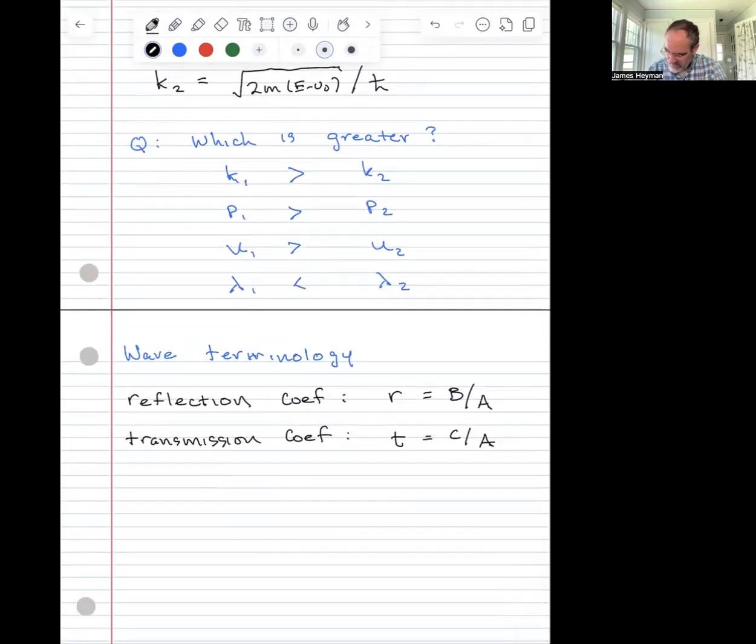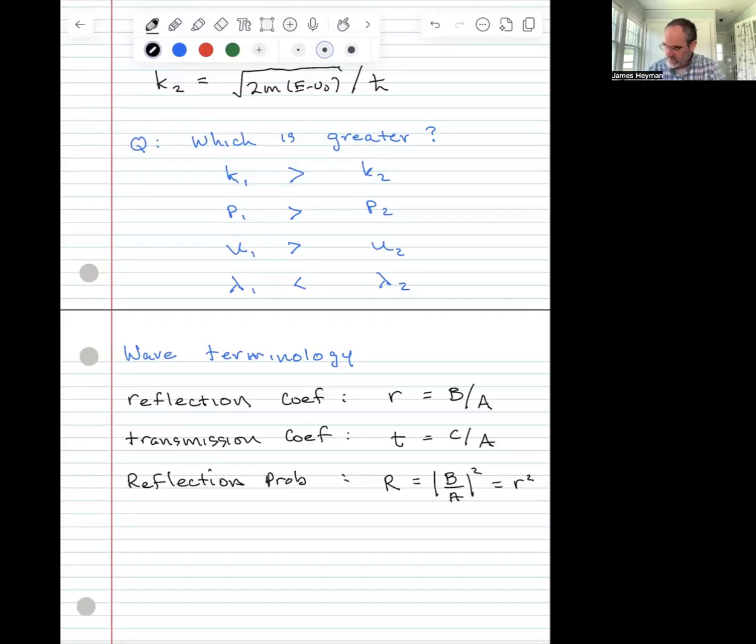And then in our particular case, if the incident particle is reflected, then the reflection probability will just be given by the ratio of the squares of the wave function. Let me write down the formula and then talk about it. So the reflection probability will be capital R equals b over a, squared.